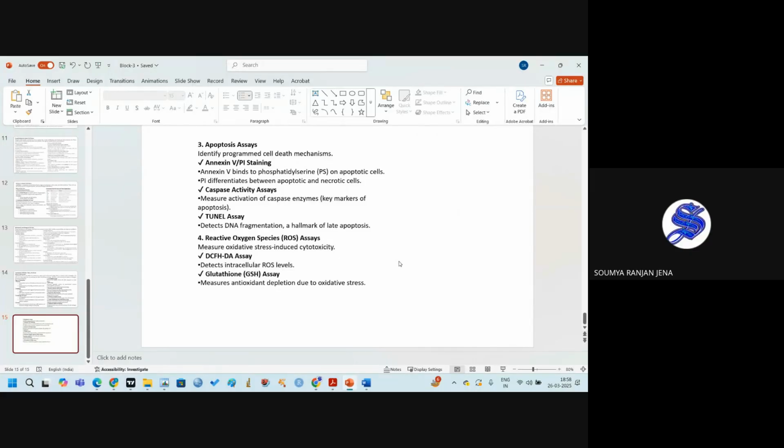Then we can use different apoptotic assays for programmed cell death. You can also study molecular techniques, like different apoptotic assays such as the caspase-3 assay.